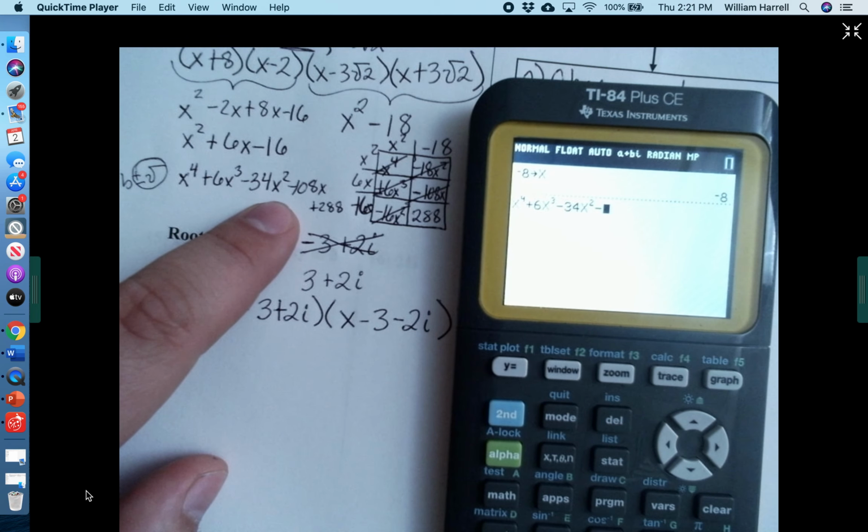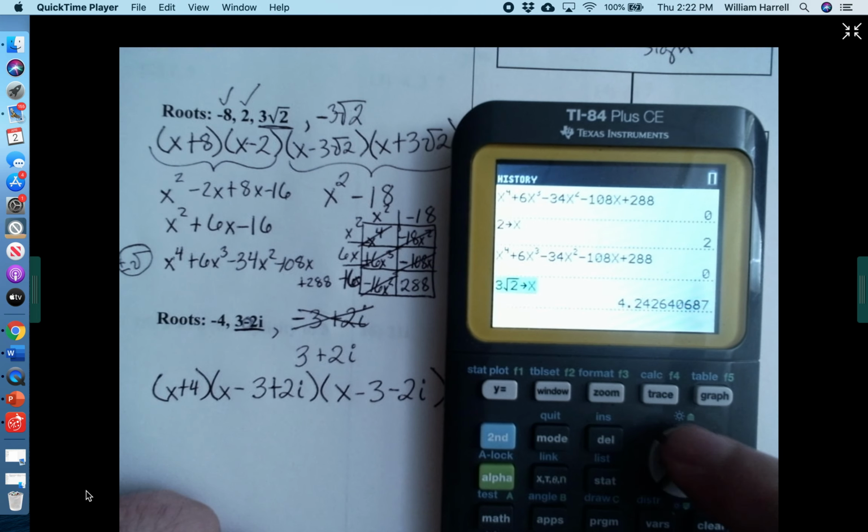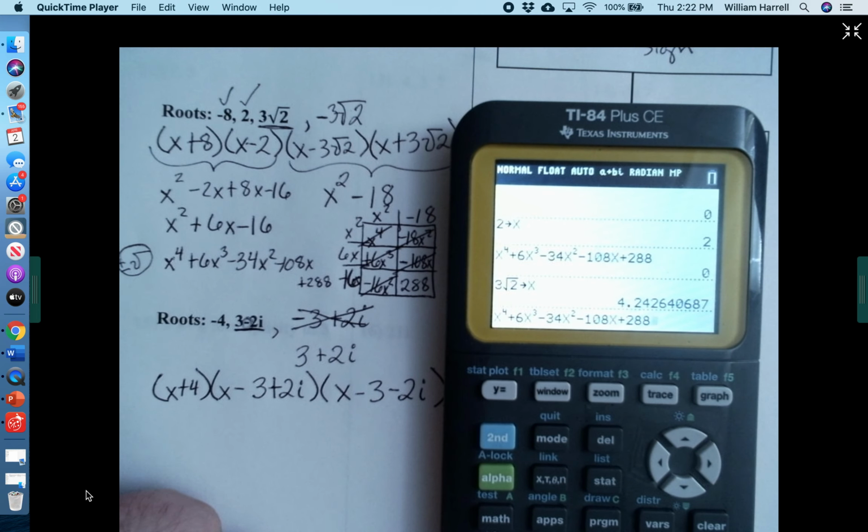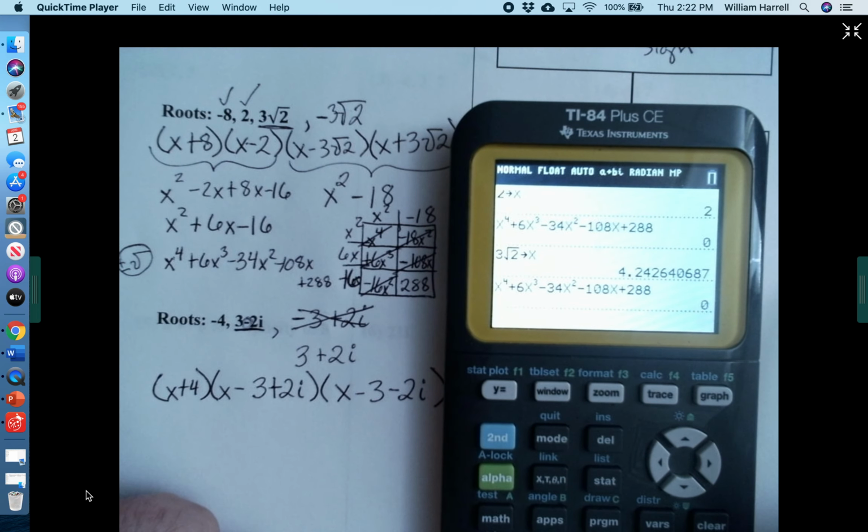Gives me 0. So we're still good. Now, I need to type 3 square root 2, and again, I check all of these. If one is wrong, then the entire thing is wrong. So 3 square root of 2 is good. -3 square root of 2, store x, enter.